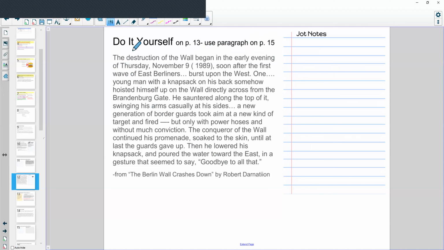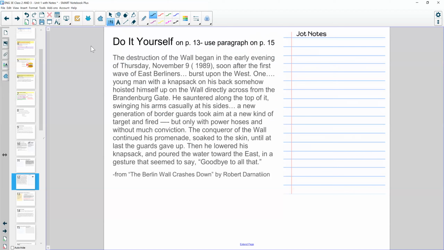The destruction of the wall began in the early evening of Thursday, November 9th, 1989, soon after the first wave of East Berliners burst upon the West. One young man with a knapsack on his back somehow hoisted himself on the wall directly across from the Brandenburg Gate. He sauntered along the top of it, swinging his arms casually at his sides.